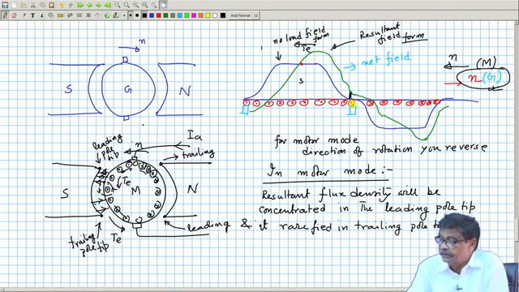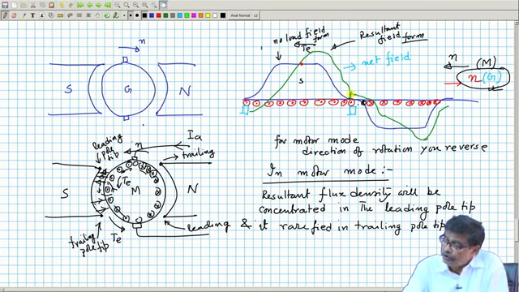The conductor has to cross this zone of the q axis, where it feels there is no induced voltage, no flux. But when the armature carries current, there is a flux, there will be induced voltage, there will be a short circuiting current, and it also has to change the current from dot to cross in a very small interval of time. So it will be better if this is made 0.